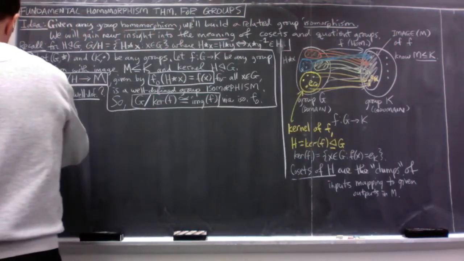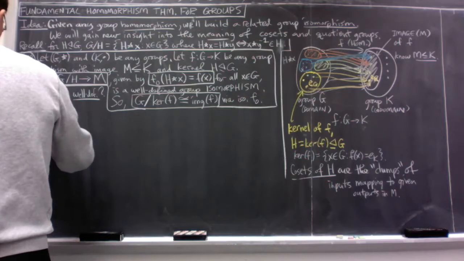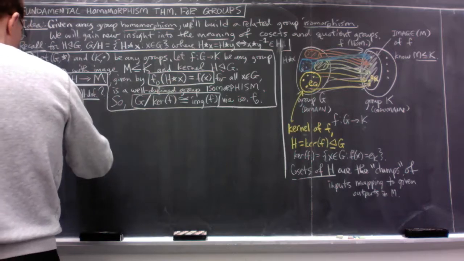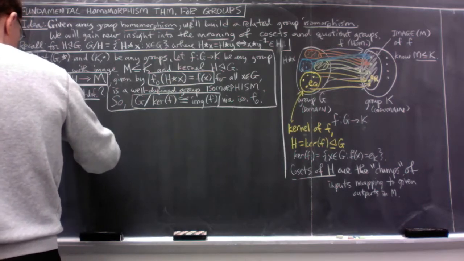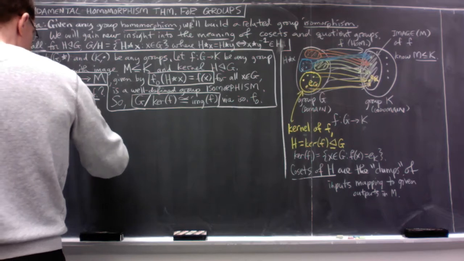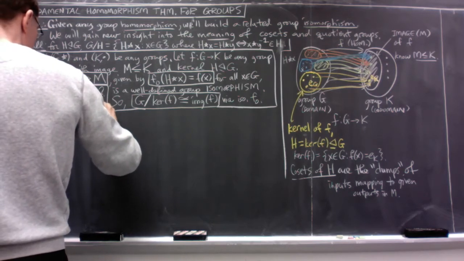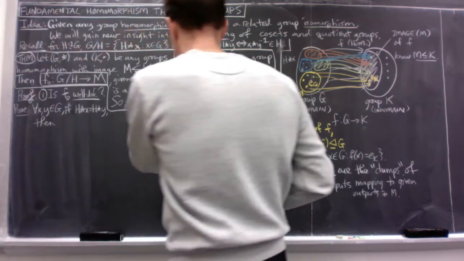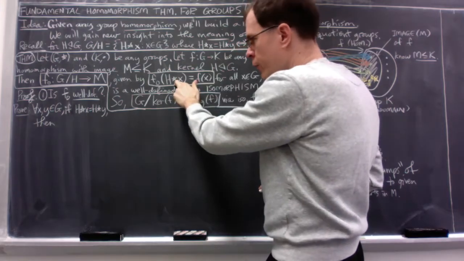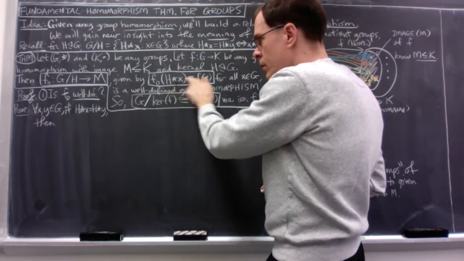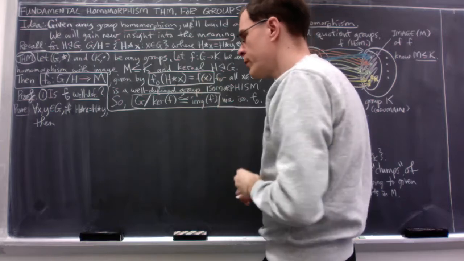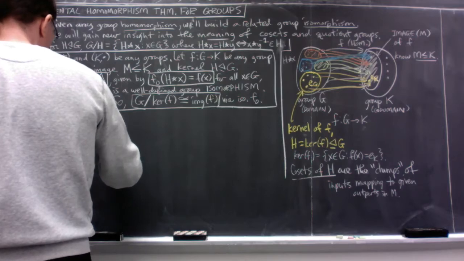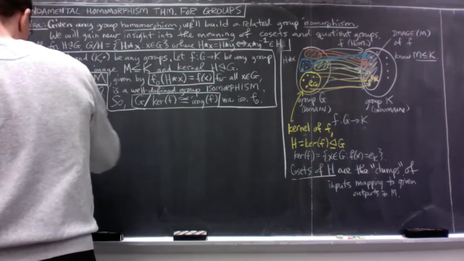We have to prove that whatever names we choose, so for all x, y, and g, if we take the same input and give it 2 different names, so instead of H star x, maybe H star y is another name for the same coset, then is it really true that the output F of x is the same as the output F of y? That's the first task.